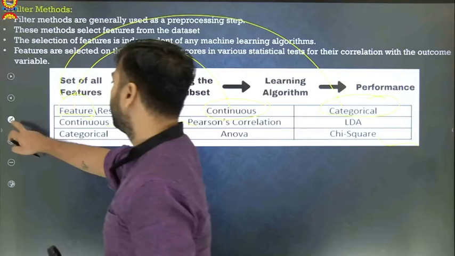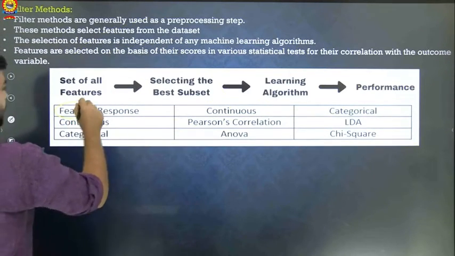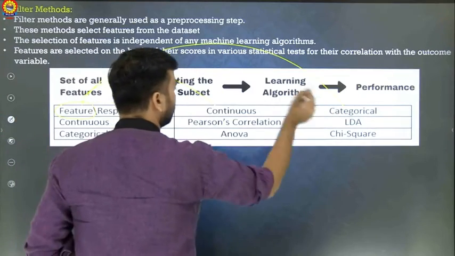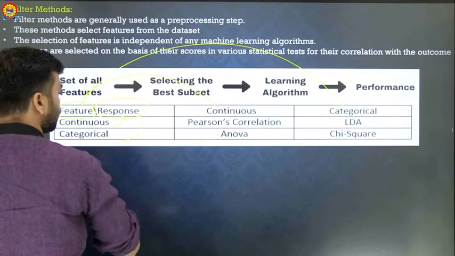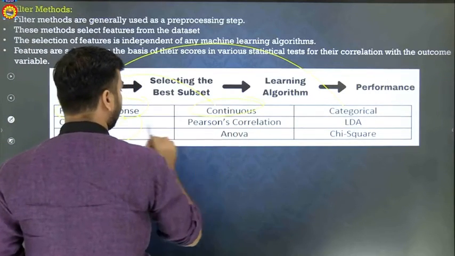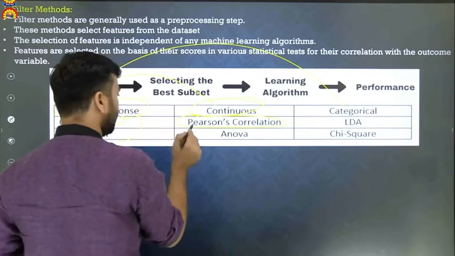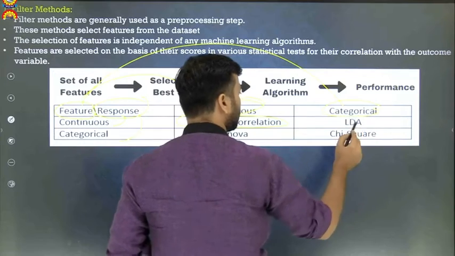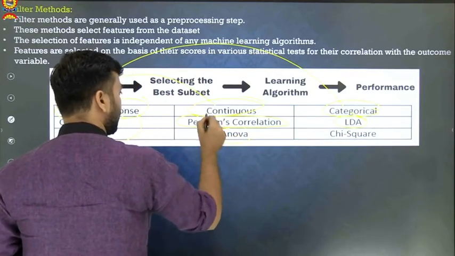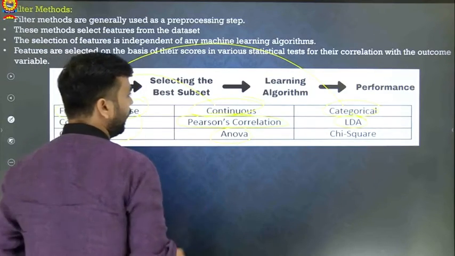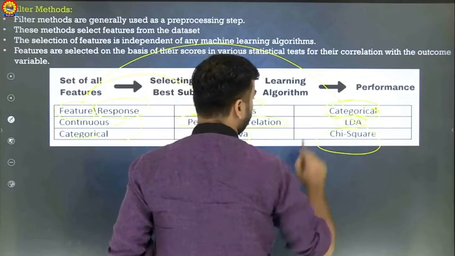In this table, you can read it like this: feature is categorical, feature is continuous, response is continuous, and response is categorical. So continuous with continuous is Pearson's correlation, categorical with continuous is LDA, continuous with categorical is ANOVA, and categorical with categorical is chi-square.